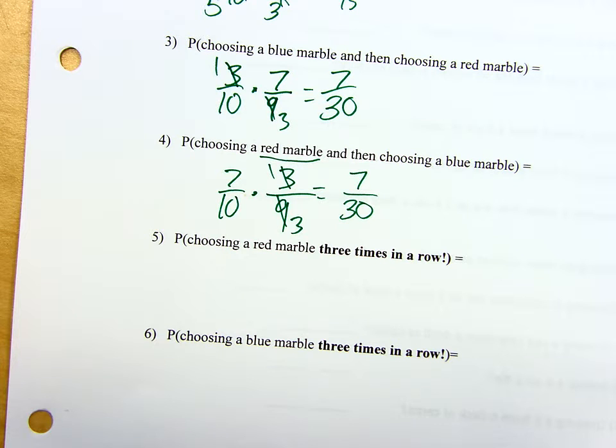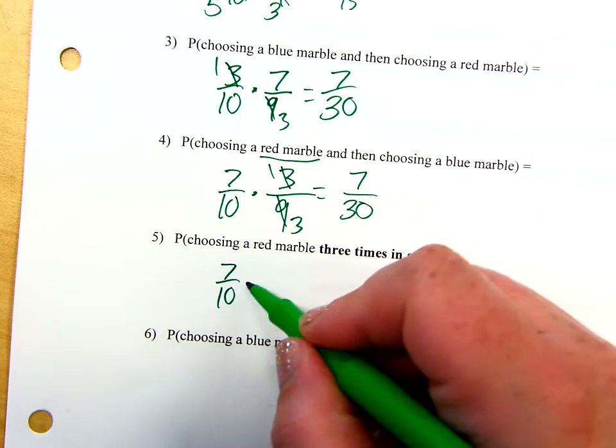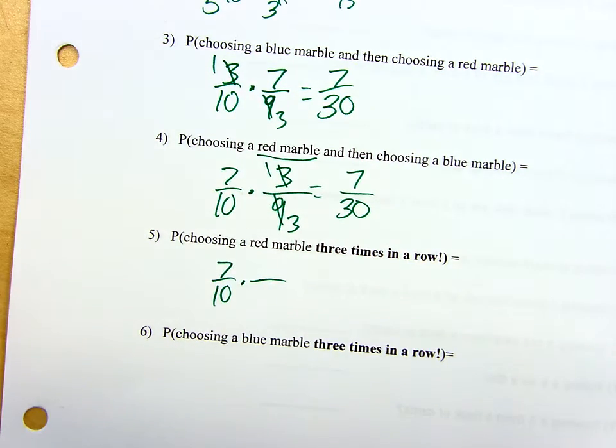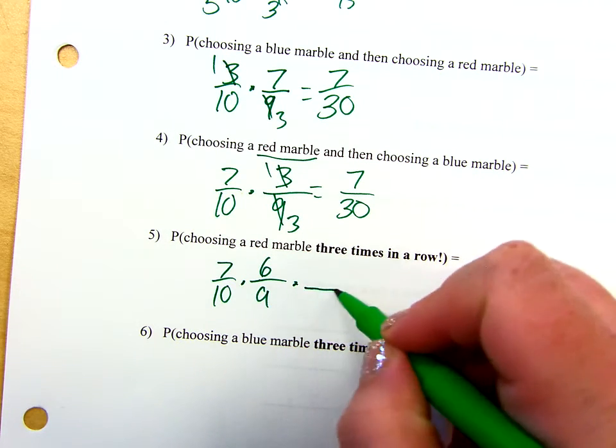Everybody's got an answer? All right, choosing the red marble the first time, 7 out of 10, that's easy. Now I want to pick another red marble. 6 out of 9. And now I want to pick another red marble.